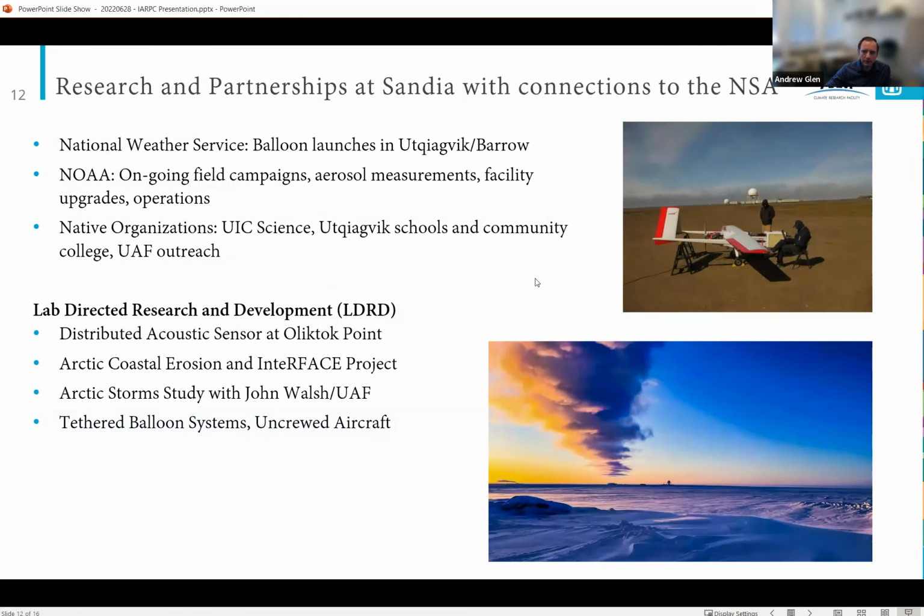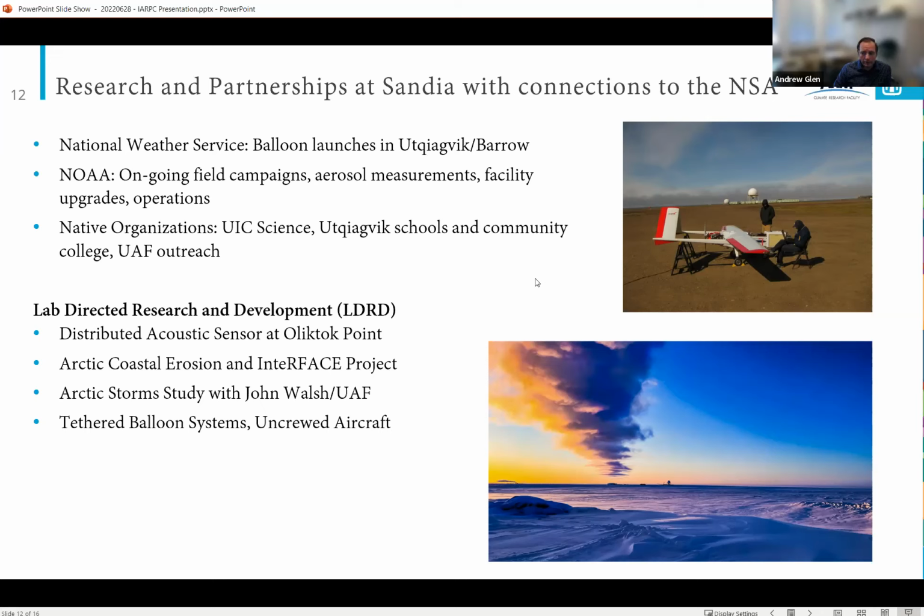Other partnerships: obviously we're working with the National Weather Service, particularly with the radiosonde launches that we do and the hydrogen generation, ongoing campaigns with NOAA as well, and local organizations and corporations there like UIC and the local schools. A lot of work with UAF. They help support a lot of the work up here as well, so we're appreciative of their support and direct ties.